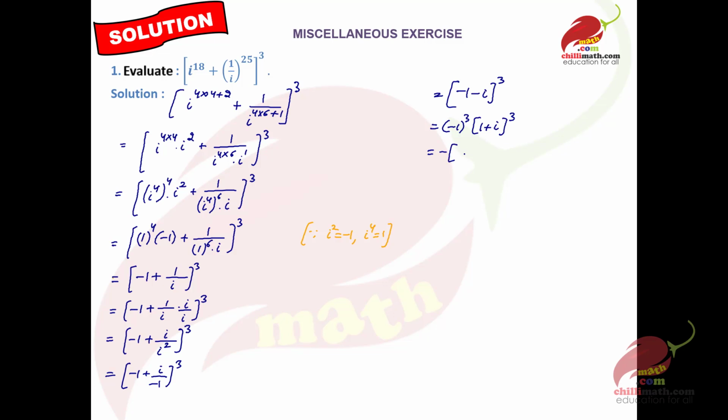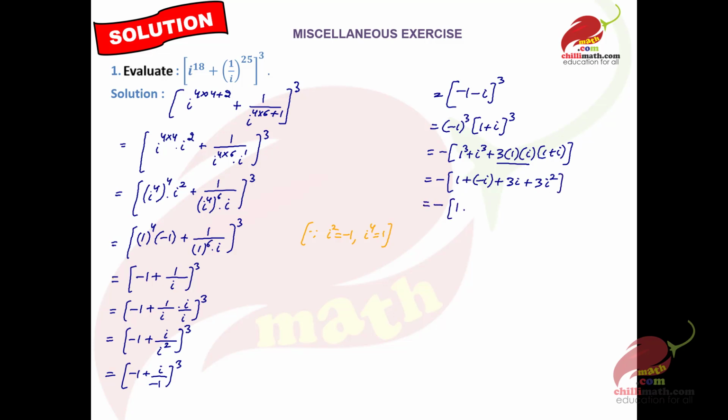As we know, (a plus b) cube is a cube plus b cube plus 3ab into (a plus b). Solving this, 1 cube is 1, i cube is minus i as we know, plus 3i into 1 is 3i, plus 3i into i, 3i^2.